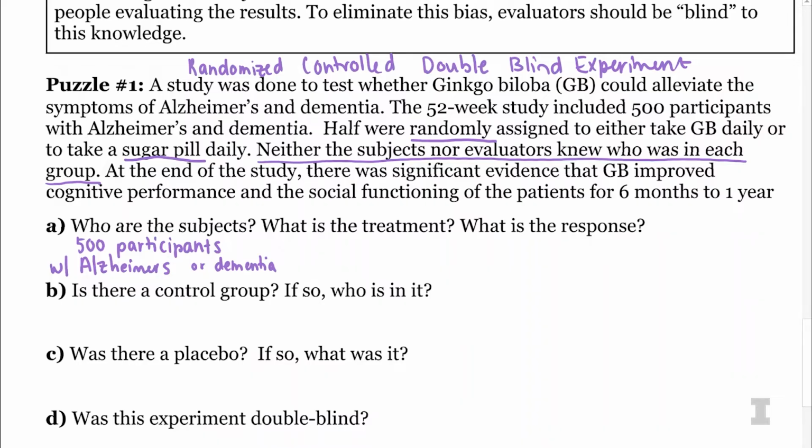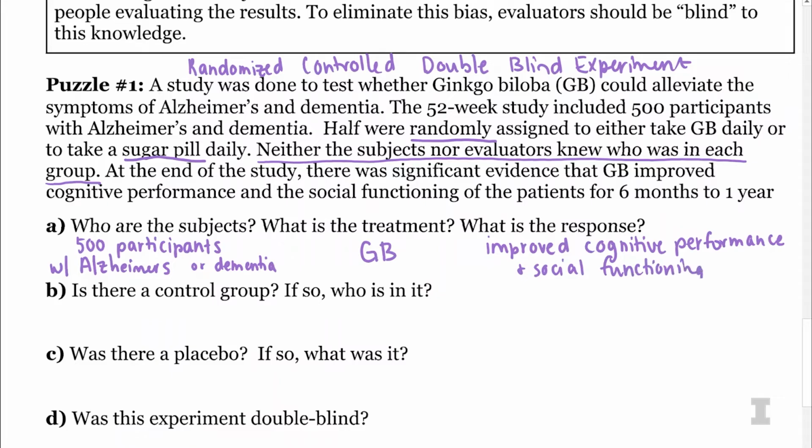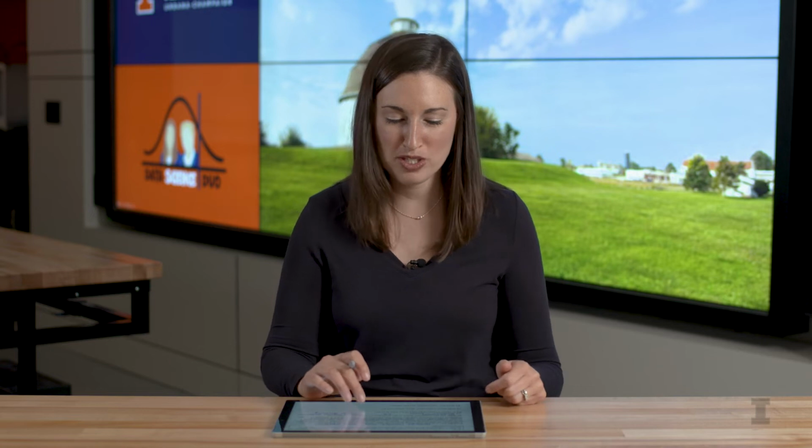The treatment, again, is the GB, the pill that they're taking. And the response is essentially the outcome. It told us that the response was improved cognitive performance and social functioning. So it's always a good idea to start with figuring out, okay, what is this study about? What's the treatment and what's the response?